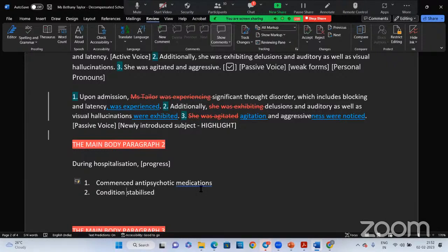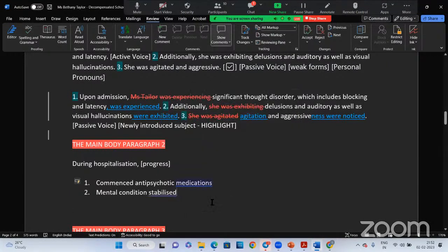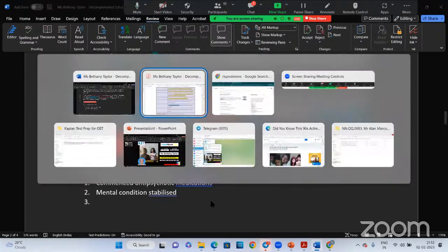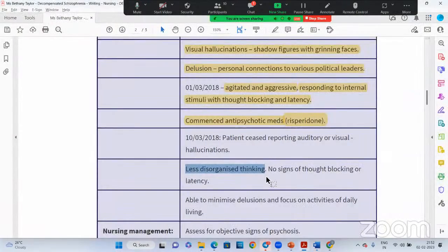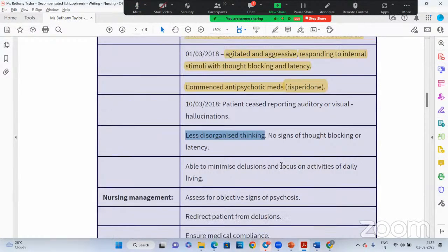You should know that because this is schizophrenia. Mental condition stabilized now. Next, if you see very clearly here, now activities of daily living.